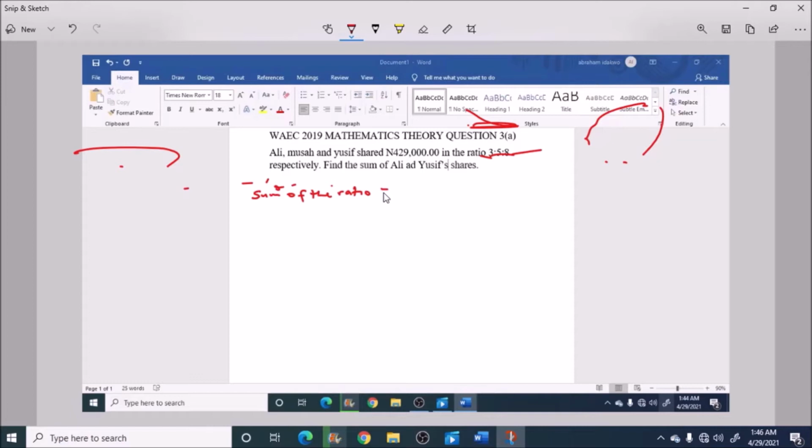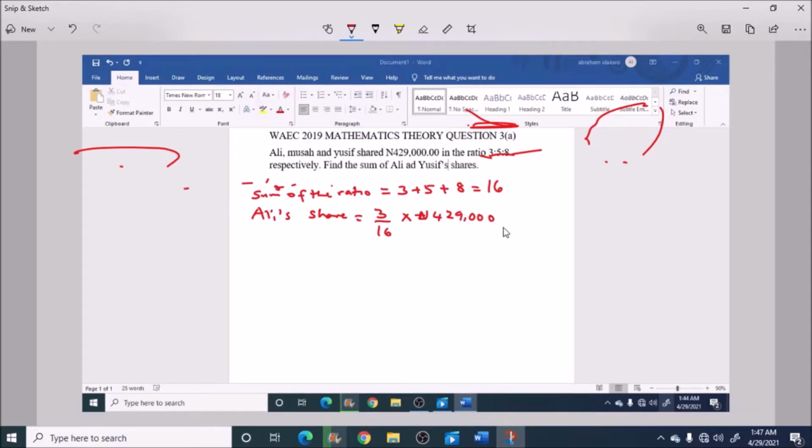Now let's calculate Ali's share. Ali's share is equal to 3/16 times the total amount, which is 429,000. This will be equal to 78,750 naira.